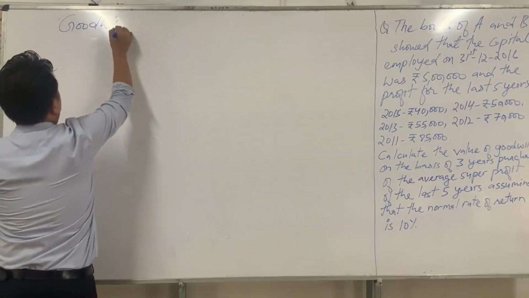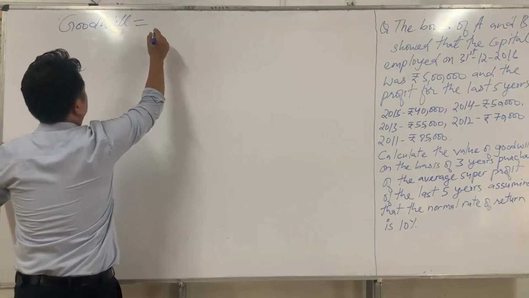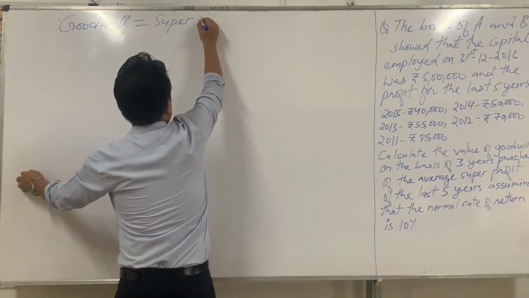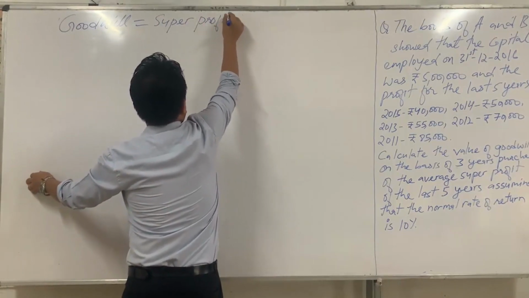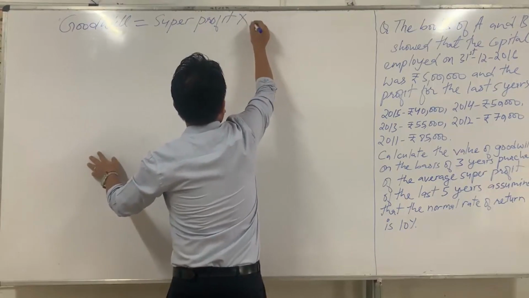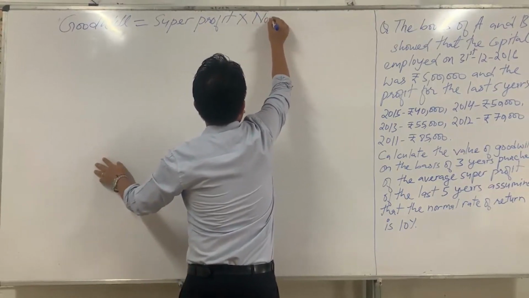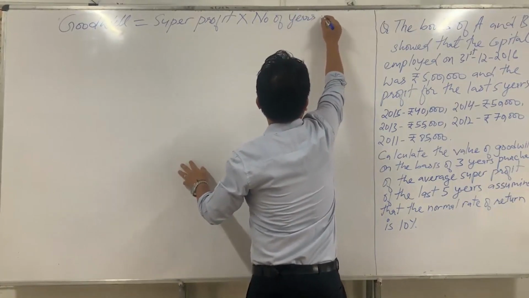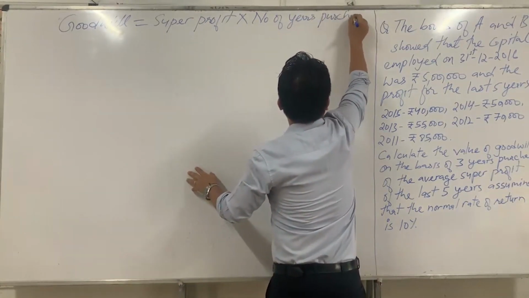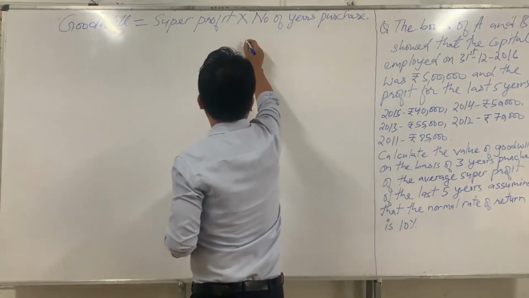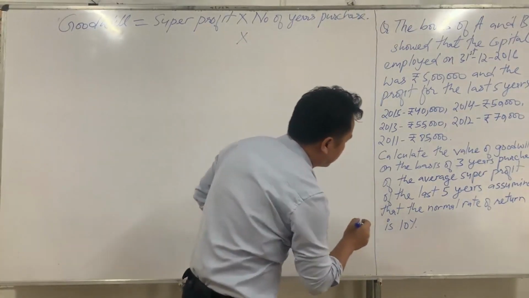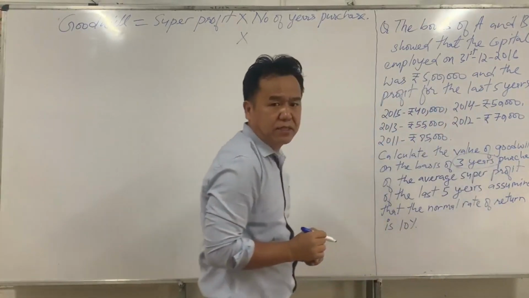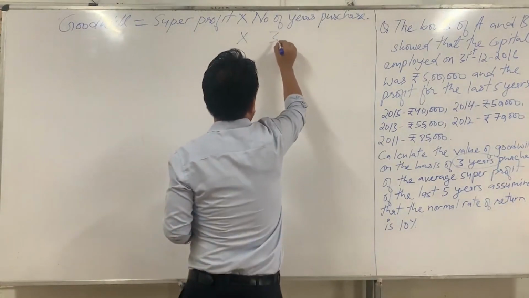Goodwill is equal to super profit multiplied by number of years purchase. So here the number of years purchase is 3 years, isn't it? Okay, so we have to write 3 years.